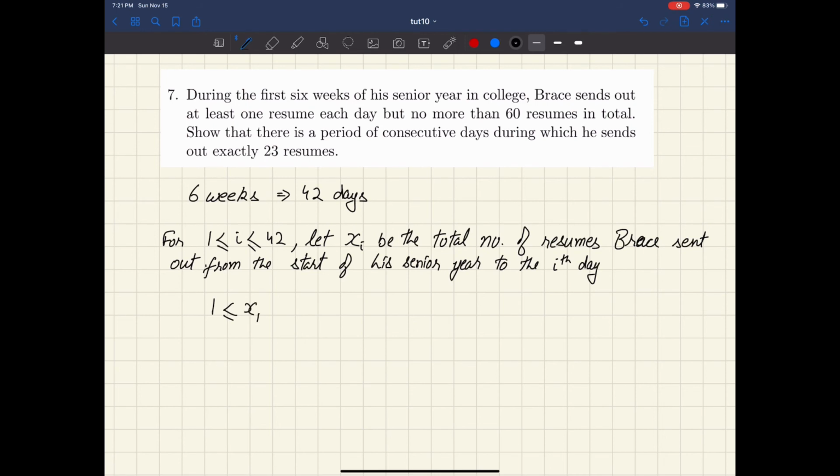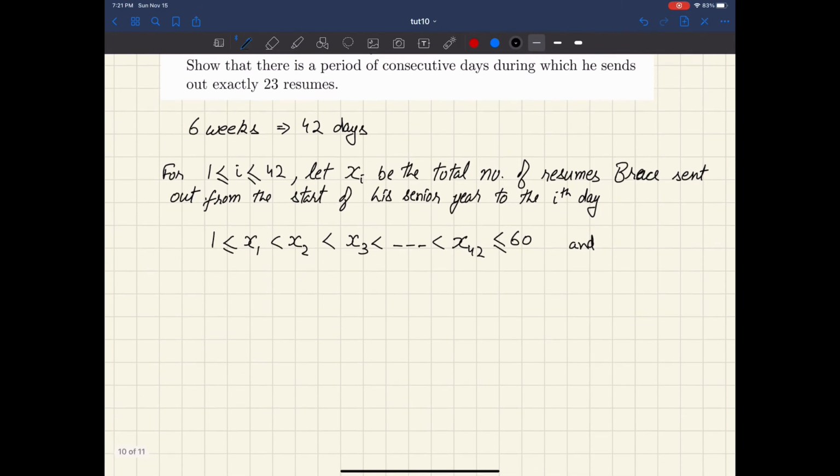Now 1 is less than or equal to x1, which is less than x2, less than x3, and so on till x42, which is less than or equal to 60. So x2 means x1 plus the resumes he sent out on the second day, and x3 means the resumes he sent out till the second day plus the third day.